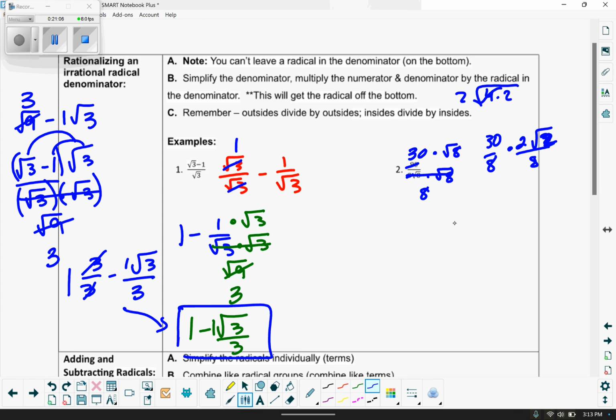Then I can simplify them. 30 divided by 8, they both are divisible by 2, so it's going to be 15 over 4. Times 8 goes into there, would be 1, be 4. So radical 2 over 4.